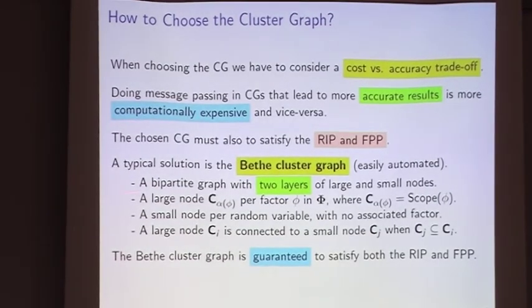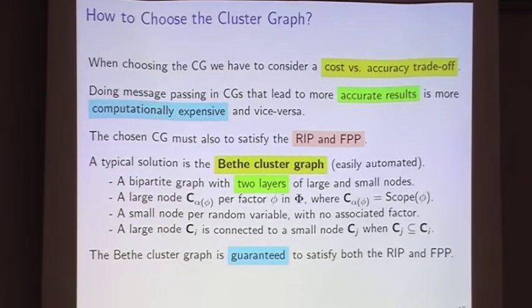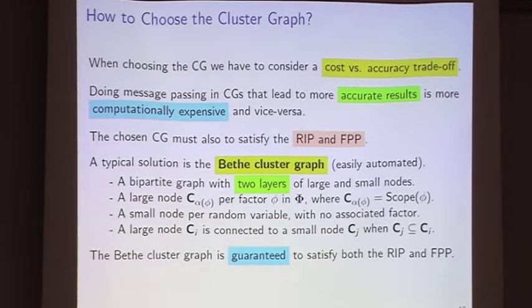We just create 2 layers of nodes. In one of the layers, I'm going to have a node for each factor in the factorization of the joint distribution. And then I will have also a layer of small nodes that contain all the different variables. And I will basically connect the large nodes with the small nodes whenever they share variables in common.